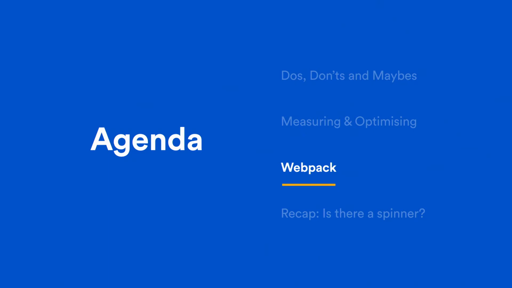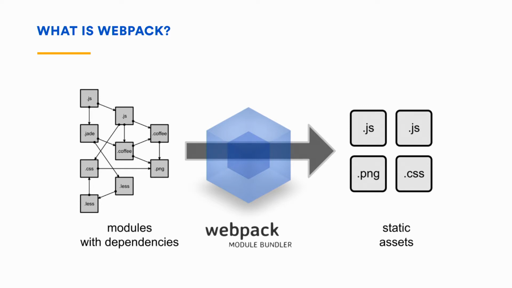Finally, let's dig a little deeper into Webpack. So what is Webpack? Webpack is a module bundler for modern JavaScript applications. And Pipelines, similar to many other bigger front-end projects, is using Webpack for building its UI. Although you could use the same techniques with other tools like Gulp or Grunt, Webpack is by far the most powerful at the moment, and also very flexible.